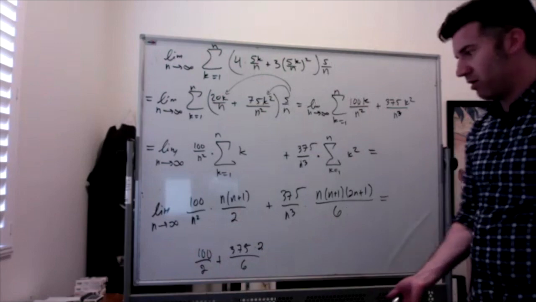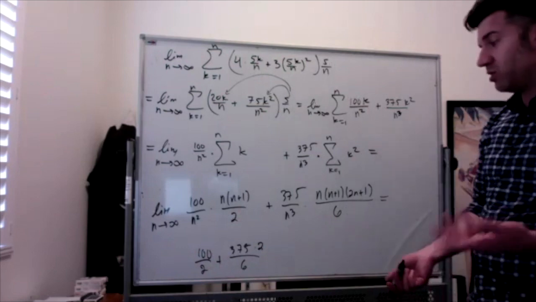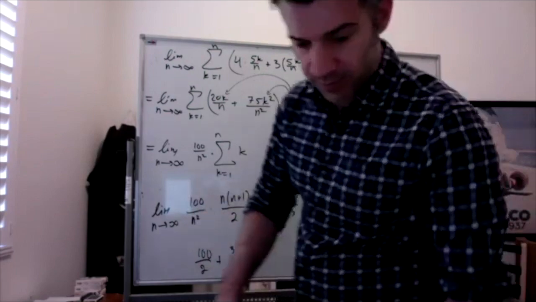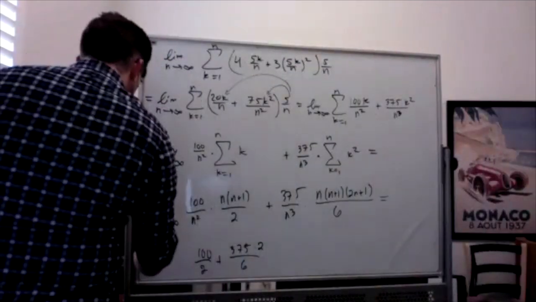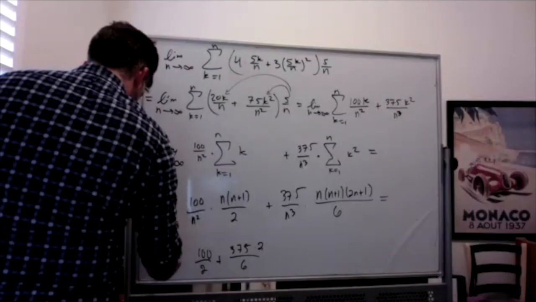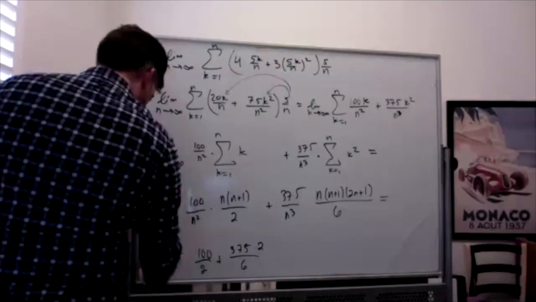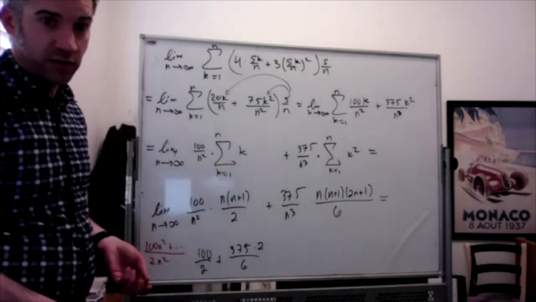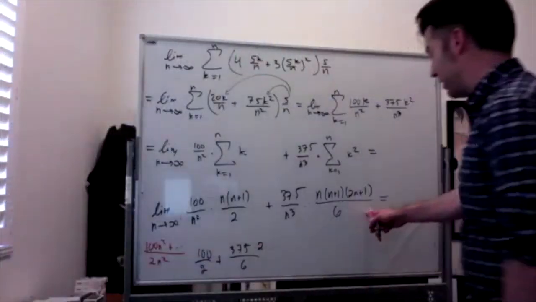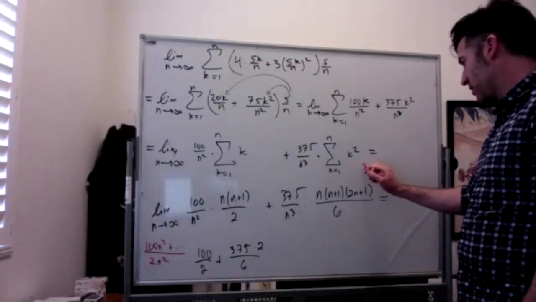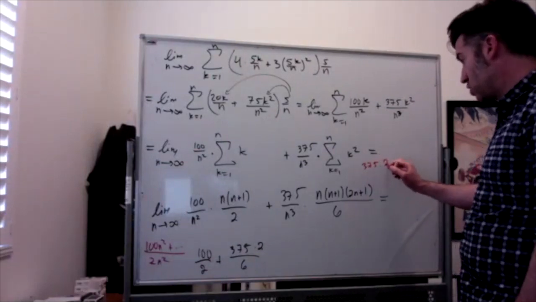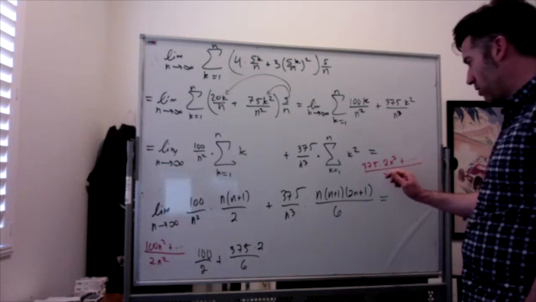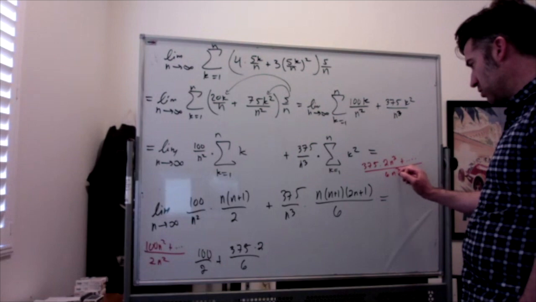And you probably know how I got that, but just in case you didn't, I'm using the fact that if you multiply this out, you would get 100n squared plus some smaller terms over 2n squared. And the limit of that is 100 over 2. Similarly here, if you multiply this out, you would get 375 times 2n cubed plus some smaller terms over 6n cubed.